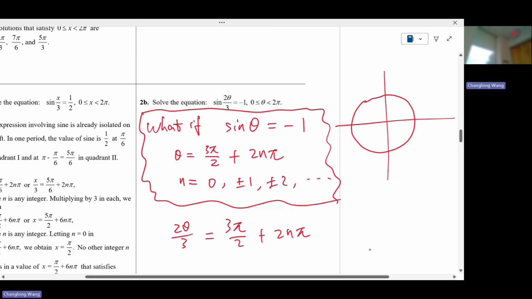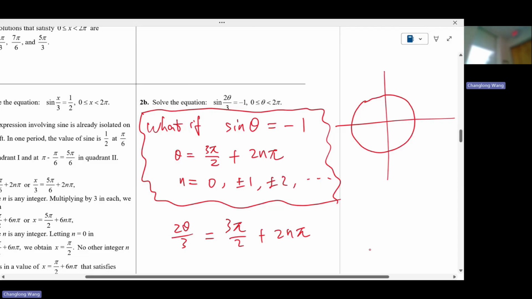This is the tool, like a general model. So whatever is inside the sine by itself has to work out as 3 pi over 2 plus 2n pi if you want a -1. But now it's not just theta by itself. It's with that 2 divided by 3, right? This whole thing has to work out just like the theta here, which is 3 pi over 2 plus 2n pi, right?